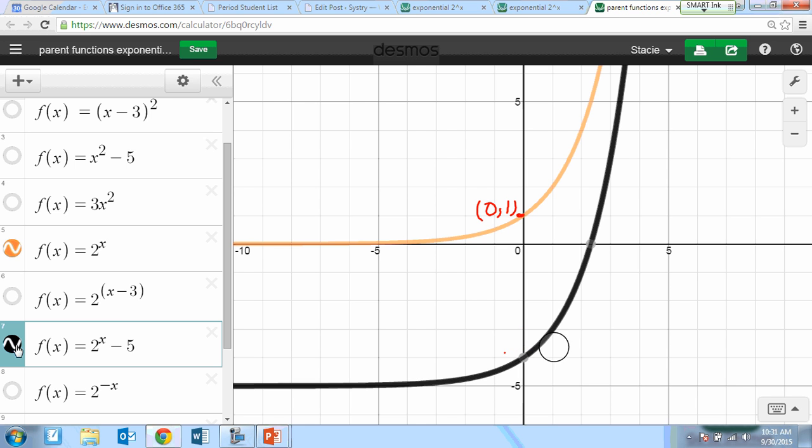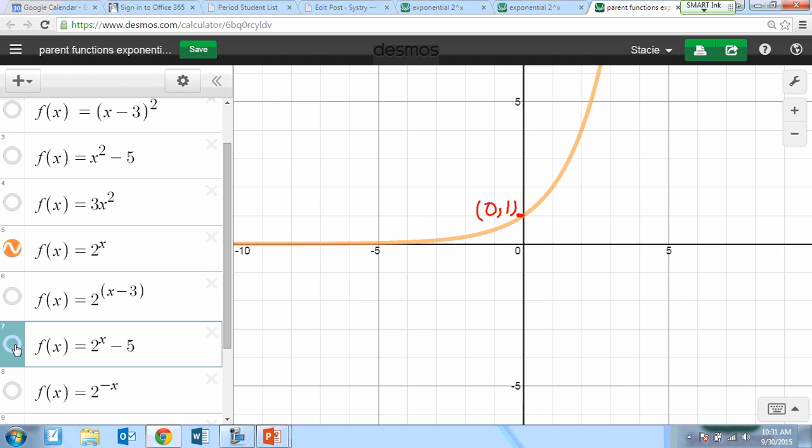Okay, here we go. Last one. What's going to happen if we take the negative of x? It's going to reflect it, right? Which way? Across the x-axis? Across the y-axis?